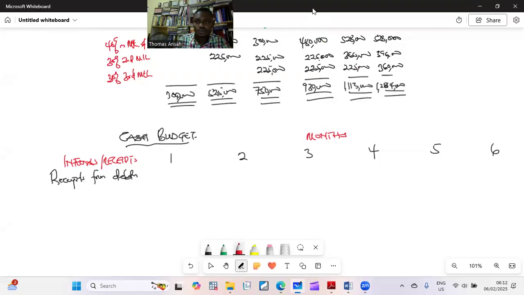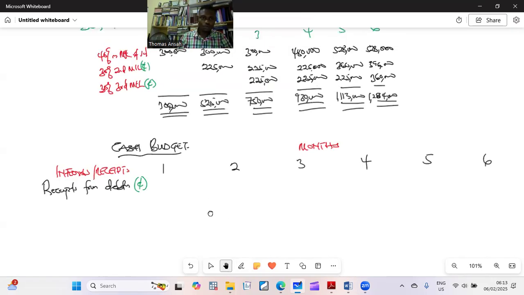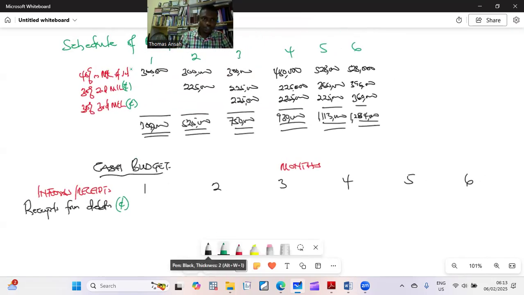And please, when you are doing this, make sure you put the currency sign. So all these things that we were doing, just put the currency sign so that you don't lose any mark out of it. If the thing is in cedis, put cedis. If it is in units, put units.